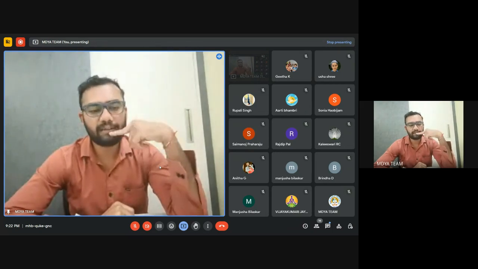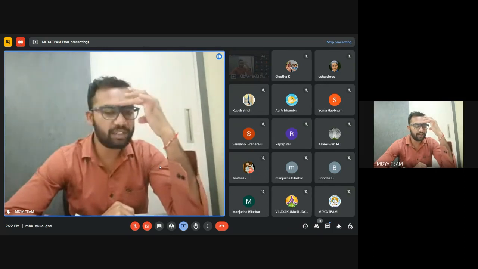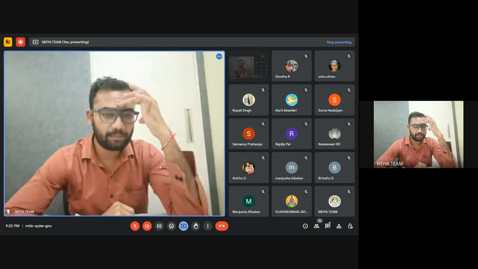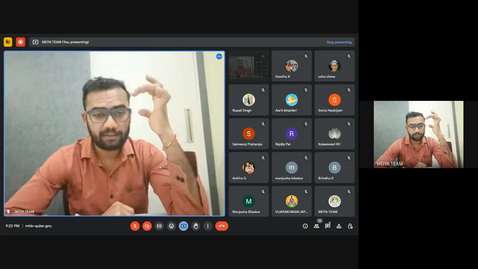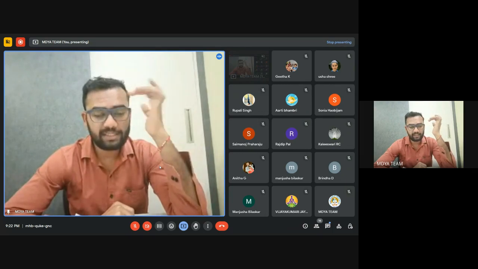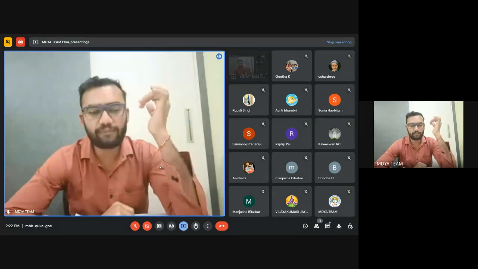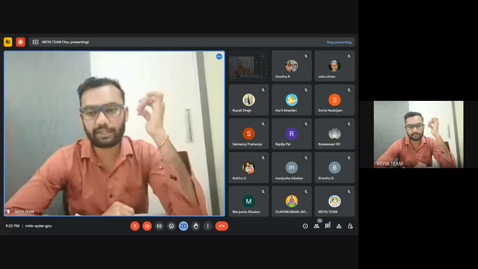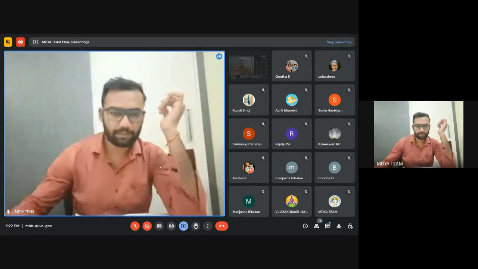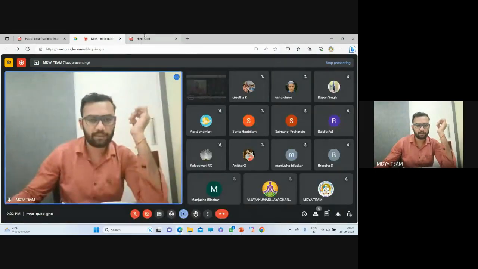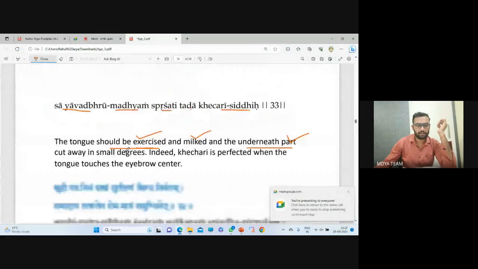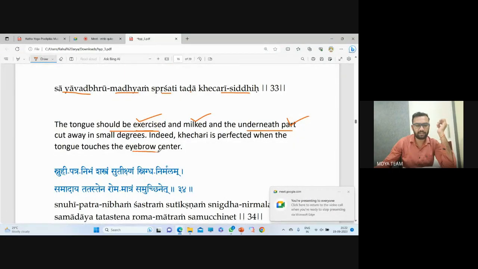When our tongue is able to touch our eyebrow center, it means this length is enough for us for this practice. Till we reach the eyebrow center, we should continue the practice of Chedan, Chalan and Dohan.